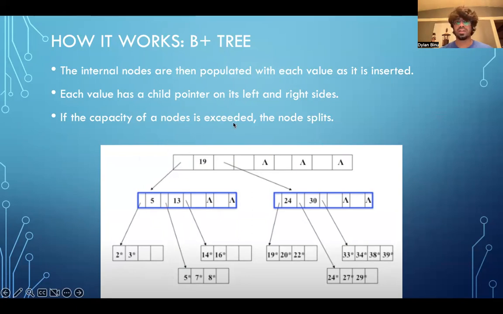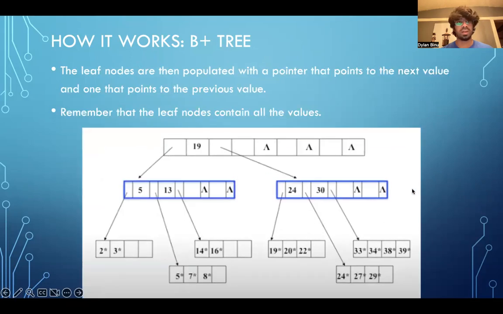The way that multiple leaf nodes are created is if the capacity of a node is exceeded, the node splits. So for example, here, the maximum capacity for each node is either 2 or 2 plus 2. In our example, the internal nodes only have a size of 2, but down here in the leaf nodes, it's using the full capacity of 2 plus 2, which is 4. Hopefully that makes sense.